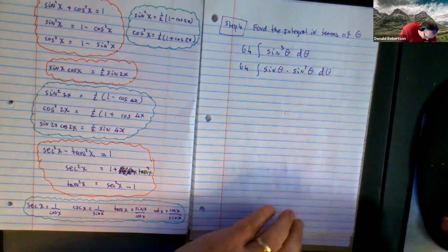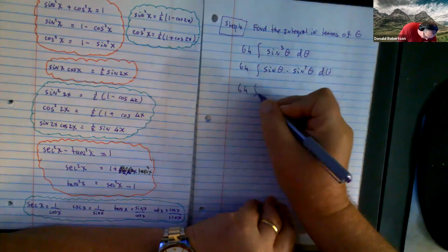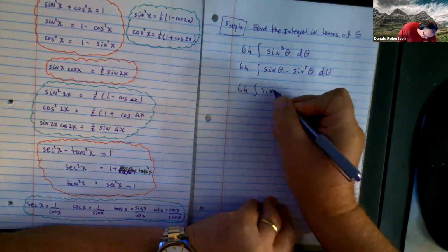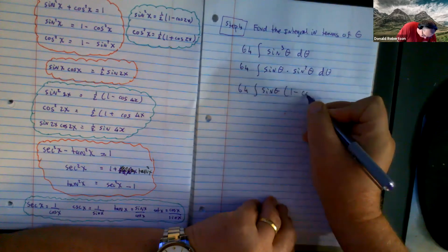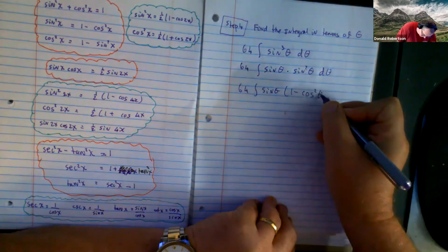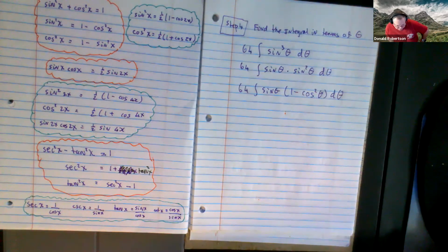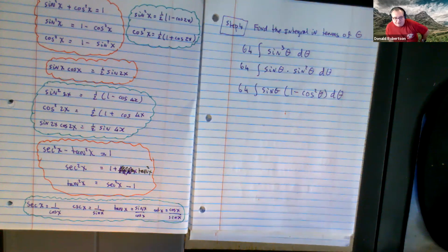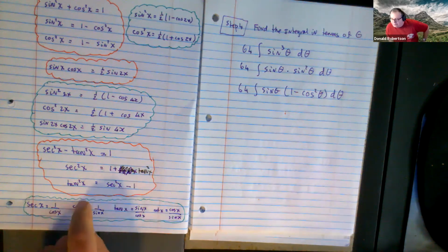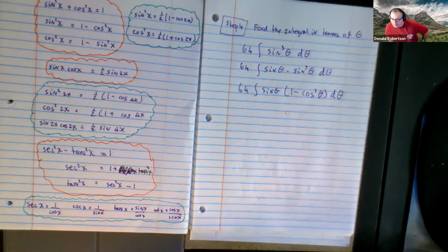Now, the reason we did that was so that we could call sine squared 1 minus cos squared. Agreed? Do you recognize a u sub? Right? Do not be surprised. X subs, large majority of them, you end up later on doing a u sub.